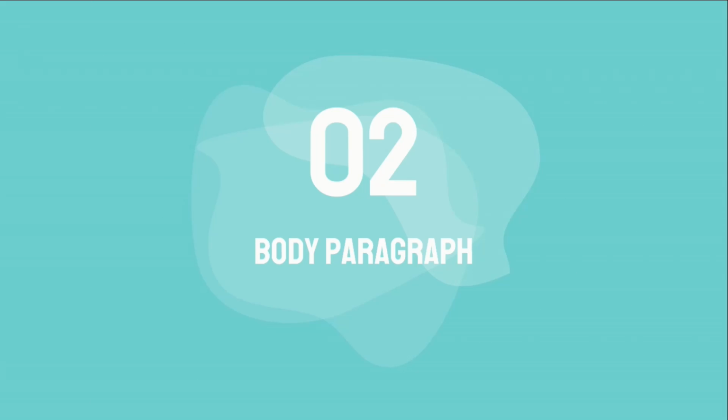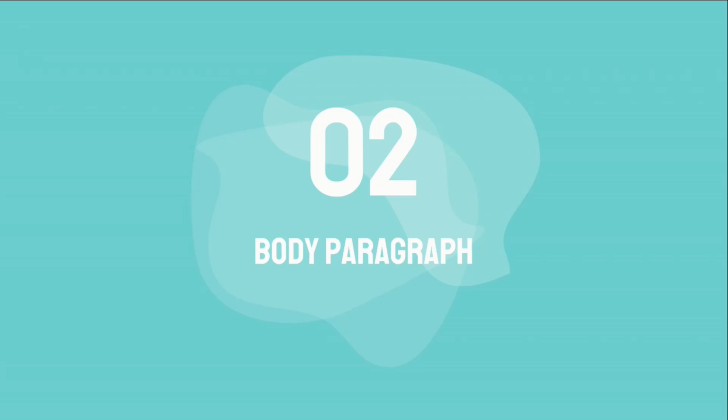The second is supporting sentences that are used to provide support for the paragraph and the essay thesis. The third is an explanatory sentence that explains or describes the relationship between the supporting sentence and the whole topic. And the fourth is a concluding sentence to signal the end of the paragraph.